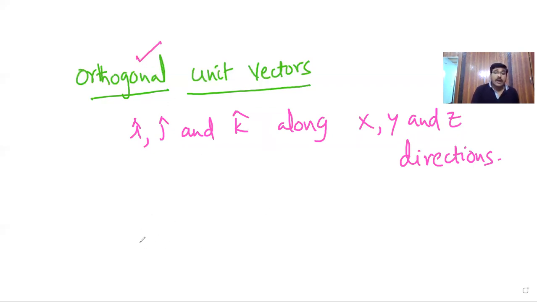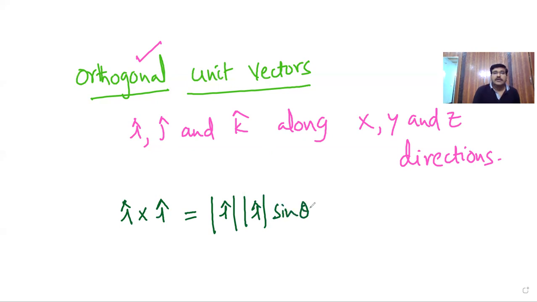Now, I am interested in finding out I bar cross I bar. So what is the formula? Modulus of I bar into modulus of I bar into sine of the angle between them, theta, into the unit vector showing direction.